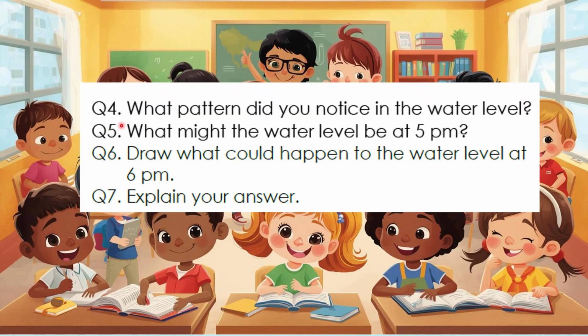Question 4. What pattern did you notice in the water level? Question 5. What might the water level be at 5 p.m.? Question 6. Draw what could happen to the water level at 6 p.m. Question 7.